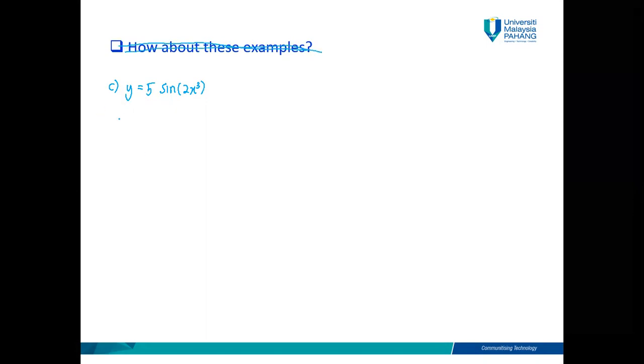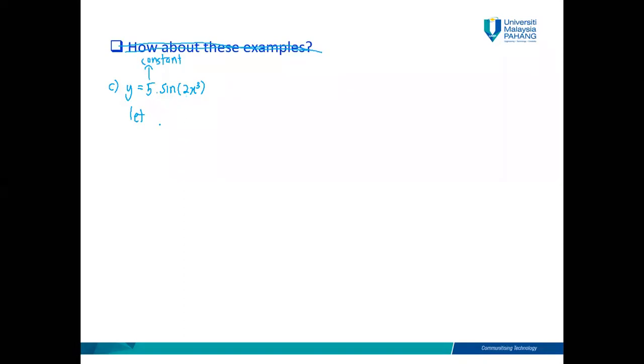Okay, so macam mana nak cari? Let u dulu. Apa yang lain dekat sini? Okay, 5 ni adalah constant ya. So biar saja. Dia adalah 5 times sin 2x cube. Apa yang lain dekat sini? Ni yang lain. Dalam table kita hanya ada sin x.